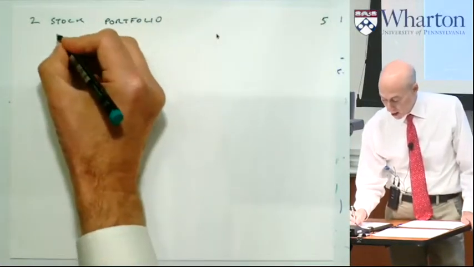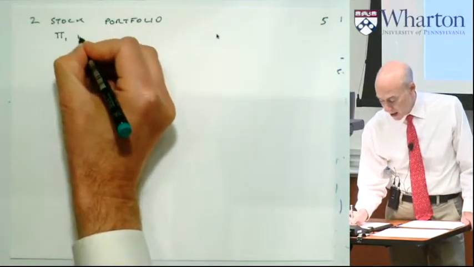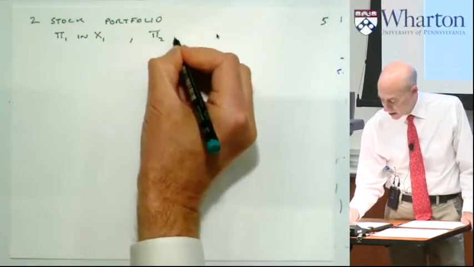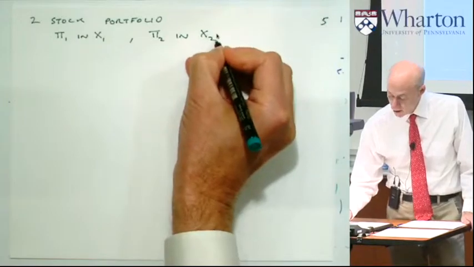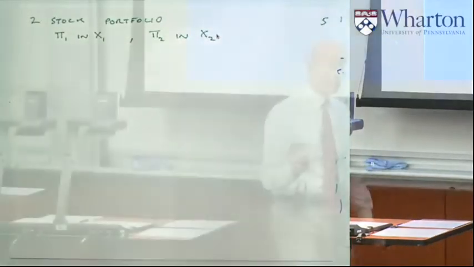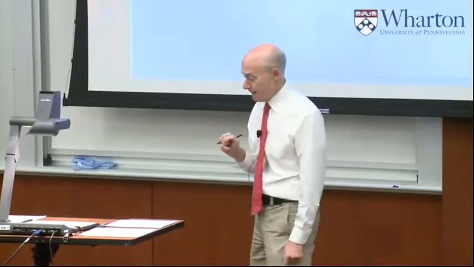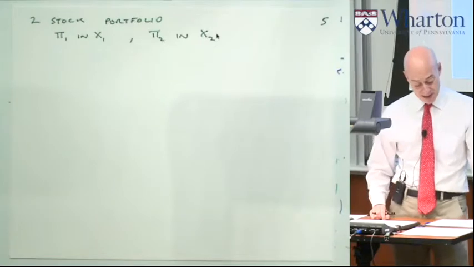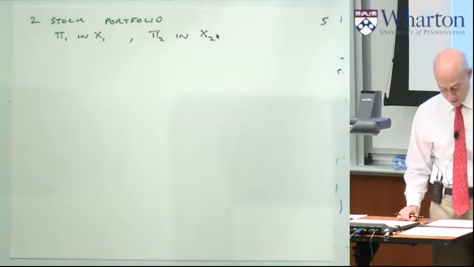We're going to put pi 1 in x1 and pi 2 in x2. Pi 1 is just the proportion in stock 1. Pi 2 is the proportion in stock 2. In our examples here, they were 50% for both of them.